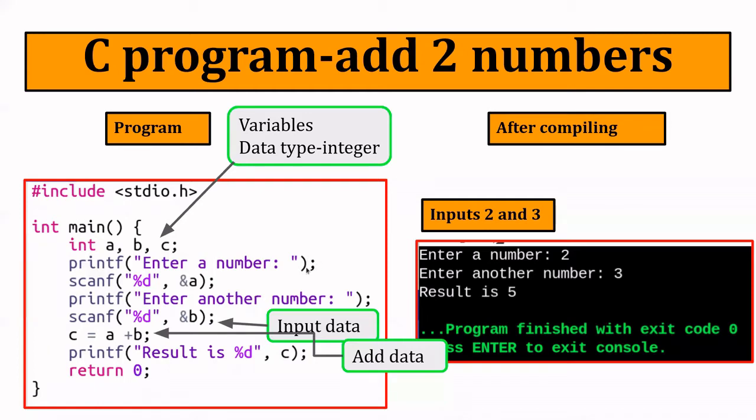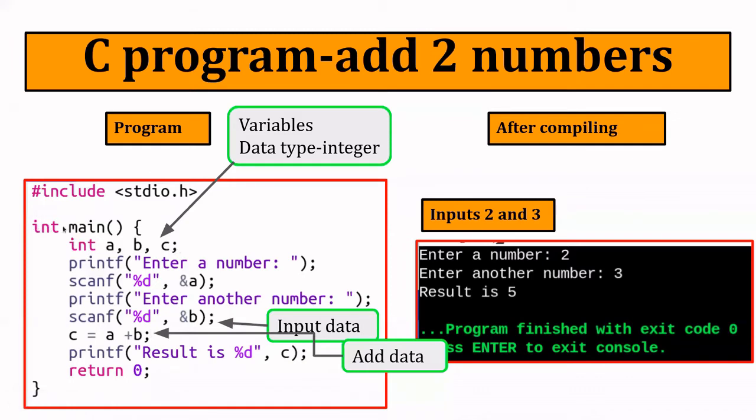You can see the semicolon here, here, here, here, and here. The semicolon indicates the end of the instruction.